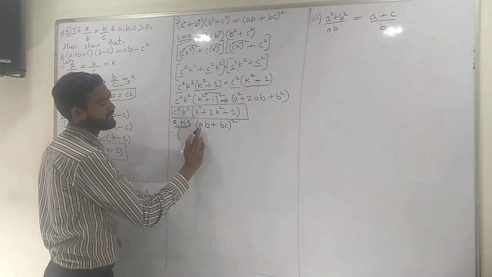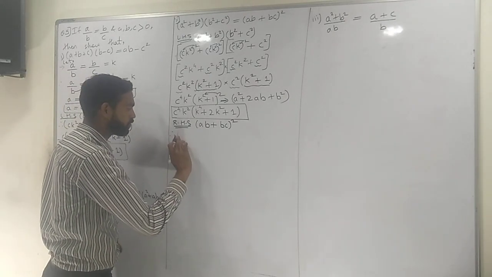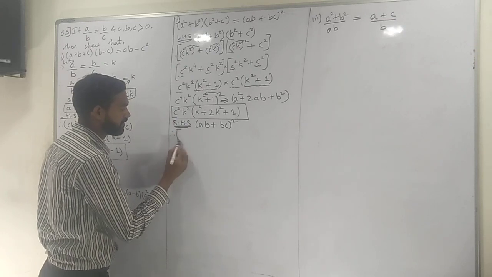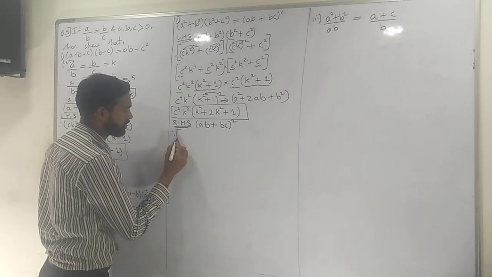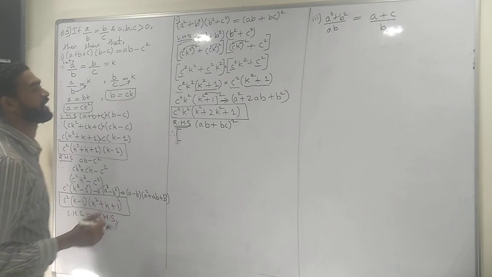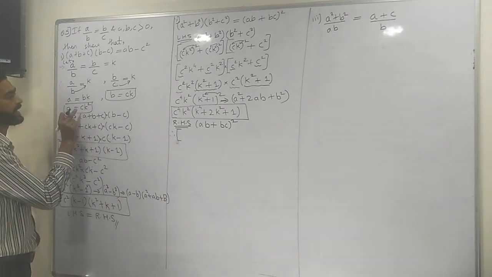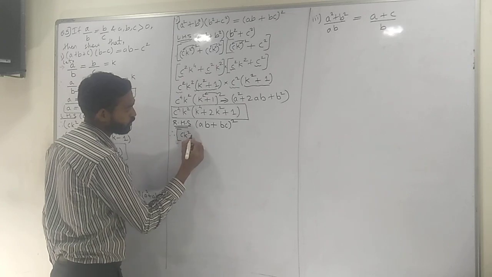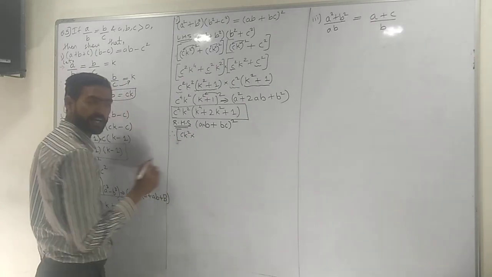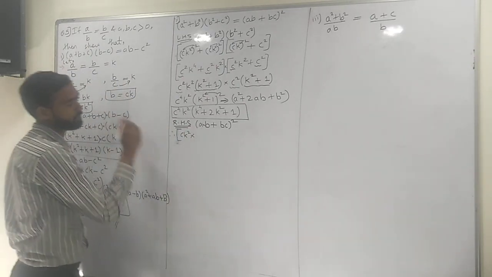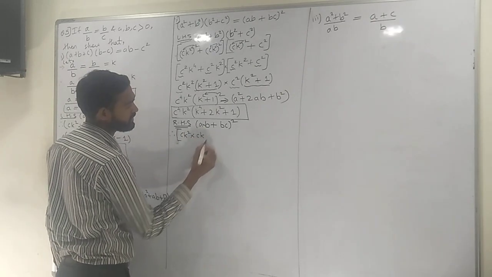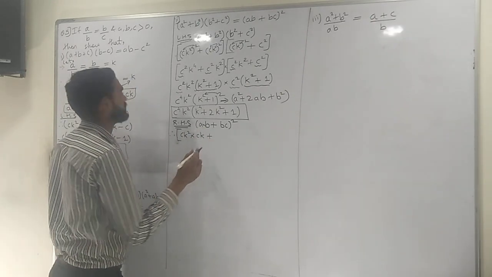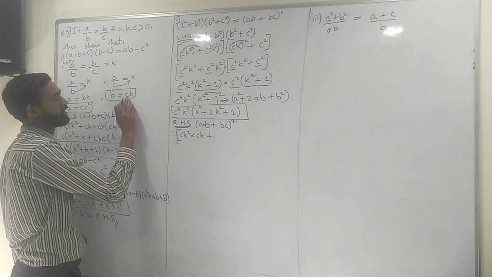Therefore, let us apply. Do we know the value of A? Yes. What is the value of A? Come back to this. A is CK square. So I'll write here CK square into, they are multiplying, into, what is B? Look at here, B is CK. Plus next, BC. First we'll take B. What is the value of B?